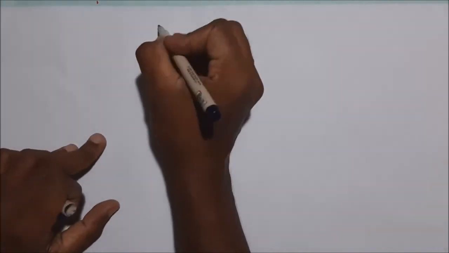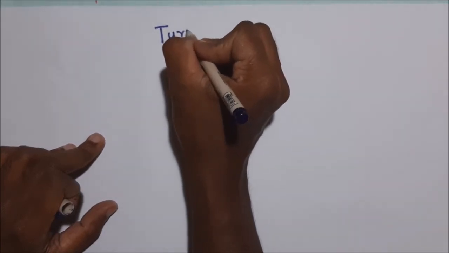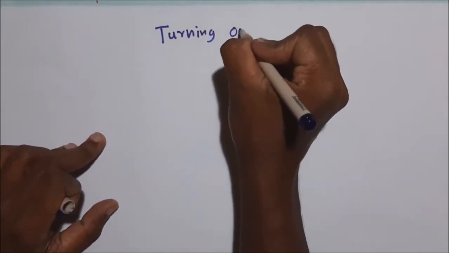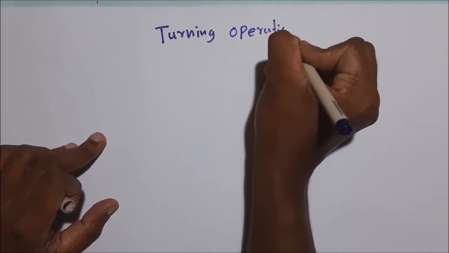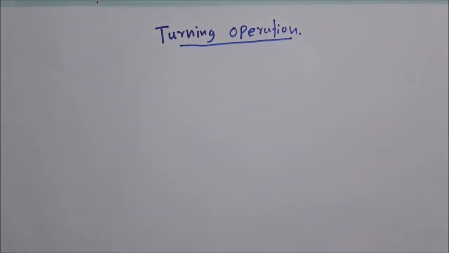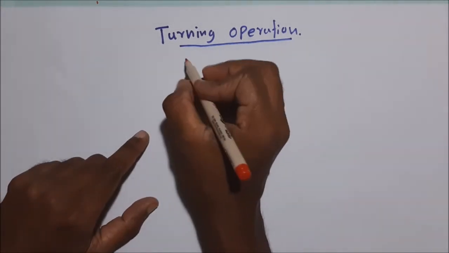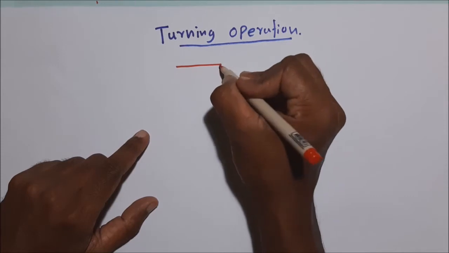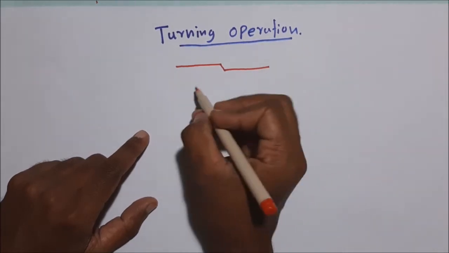Turning operation is done on the lathe machine. The turning operation is used to reduce the diameter of the workpiece, or to obtain a cylindrical surface for the component we are machining.